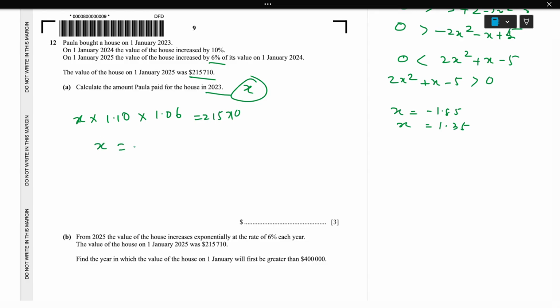So x equals 215,710 over 1.10 times 1.06, so the amount is going to be 185,000. This was the 2023 house value, 185,000.